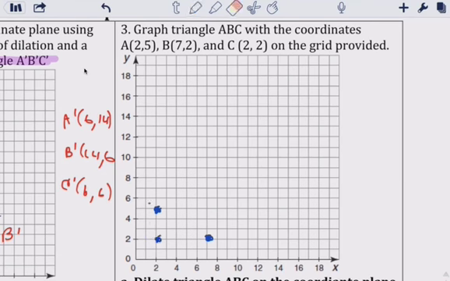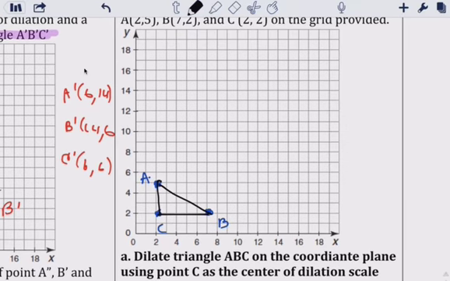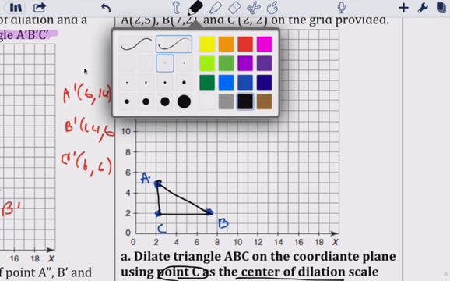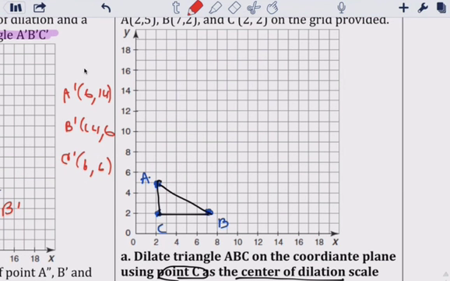Let me connect these on the grid. This says dilate triangle ABC on the grid using point C as the center of dilation. That means point C does not move. What are the coordinates of A prime, B prime? By scale factor of 2.